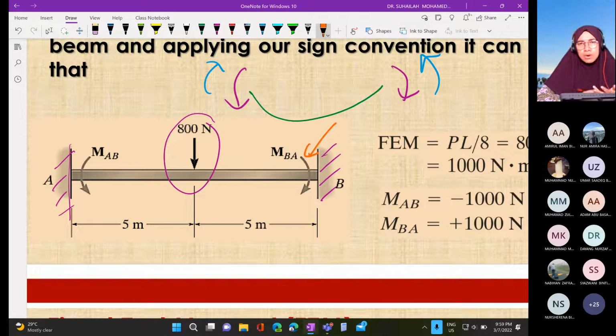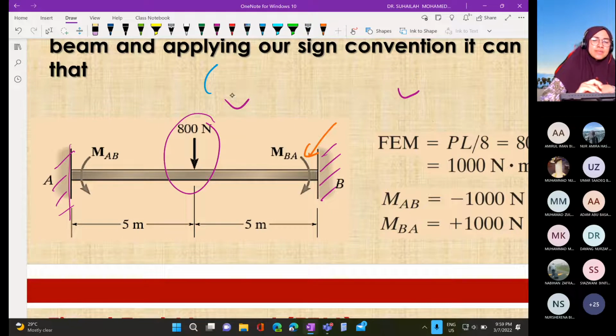The purple or the blue? It must be purple. So fixed end moment, just remember like that.